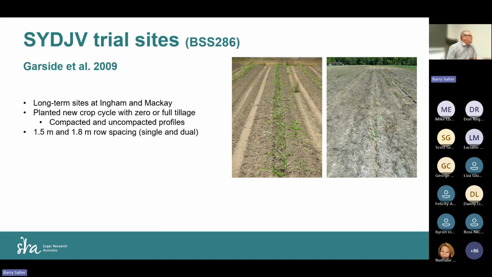In these images, on the right-hand side, we've got beds with no tillage at all, where we went back in and planted cane into those old beds. And then you've got beds that we've fully worked, reformed and planted cane back into. So essentially we'd established cane growing in a compacted old bed versus cane growing in an uncompacted new bed.